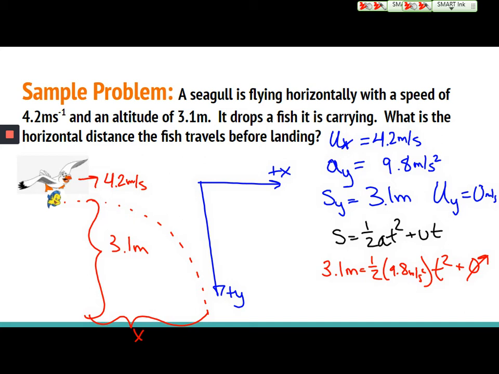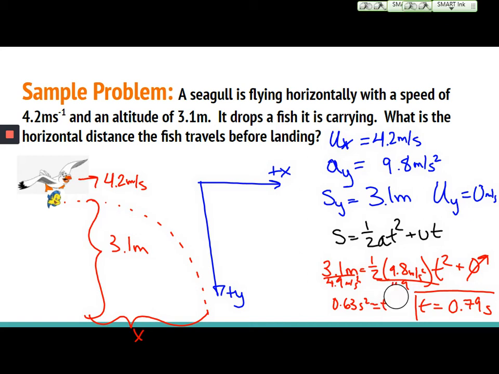So this is 4.9 divided to the other side. You're going to end up with 0.63 seconds squared equals t squared. And so t is going to be 0.79, round for now, but don't actually round, leave it in your calculator.